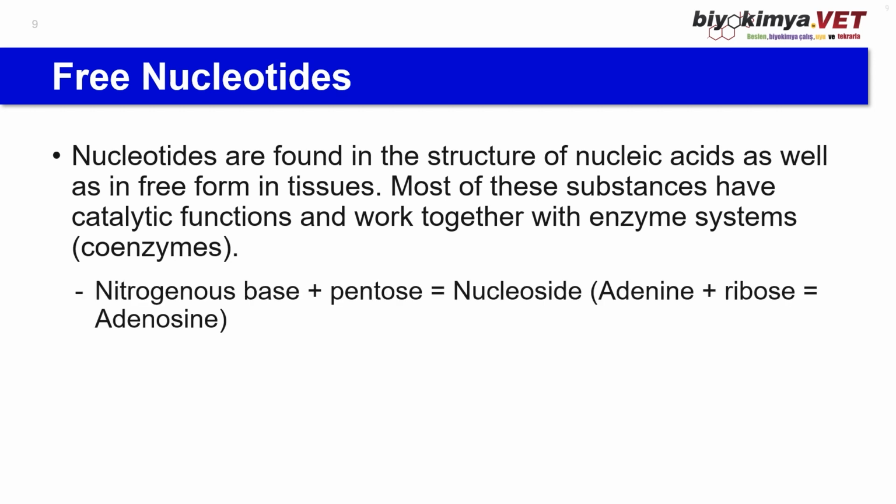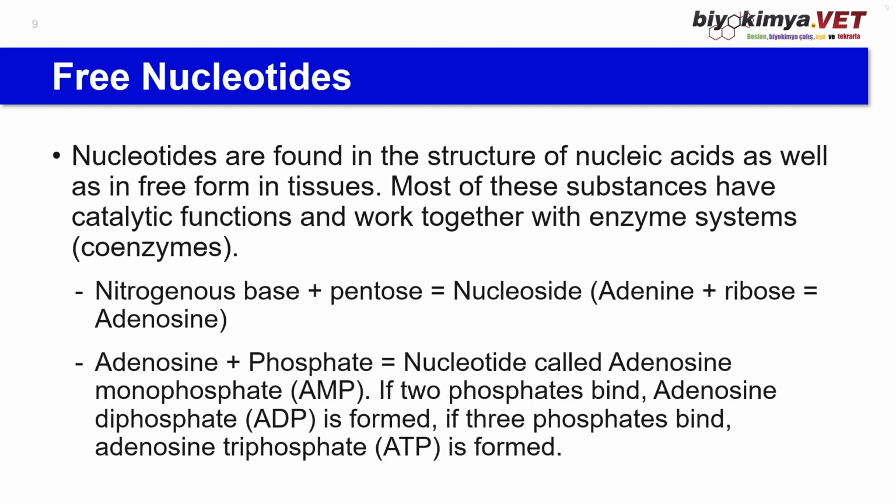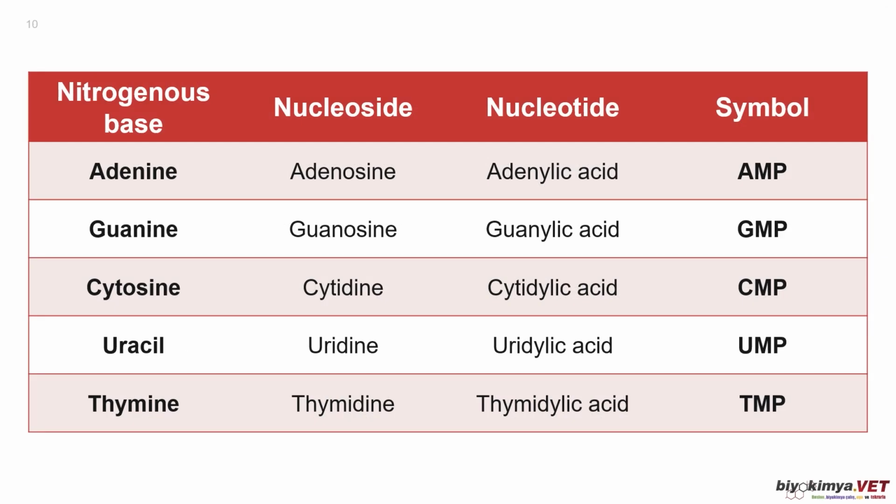According to nomenclature, the nitrogenous base plus pentose gives nucleosides, such as adenine plus ribose, adenosine. If we add a phosphate moiety, it will be adenosine monophosphate; with two phosphate moieties, adenosine diphosphate; and if there are three phosphate groups, it is called adenosine triphosphate. In this table, you see the naming of a nitrogenous base, its nucleoside and nucleotide having only one phosphate moiety, and its symbol.